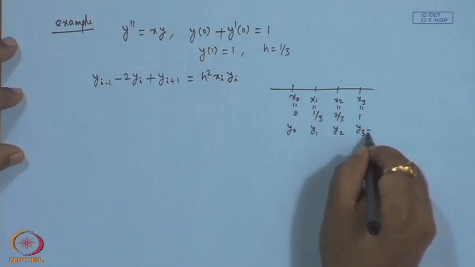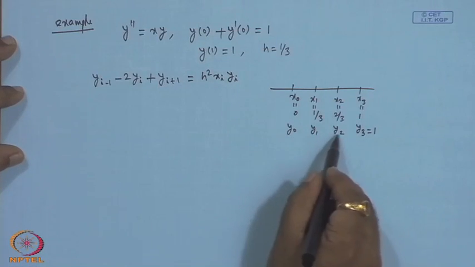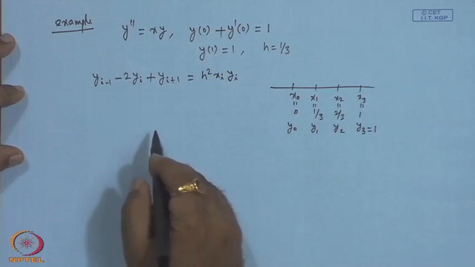In this case, y 3 is given. So, y 0, y 1, y 2 are the unknowns.